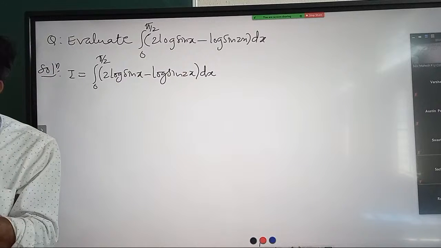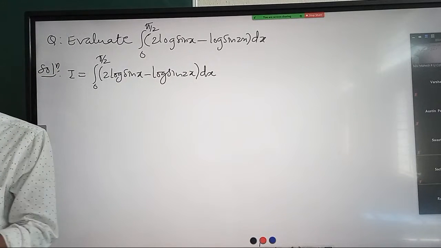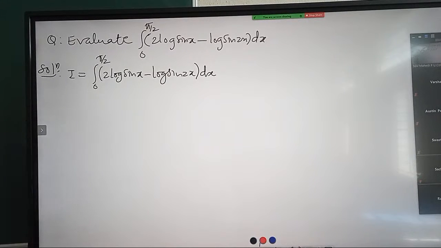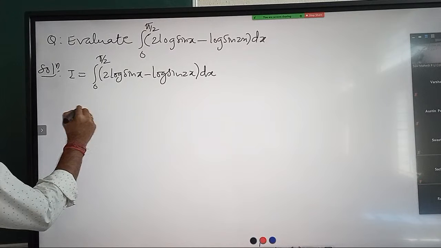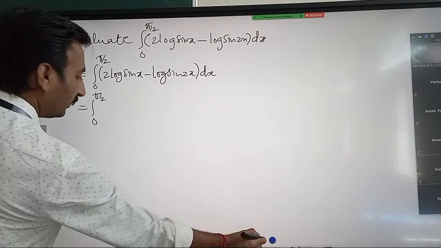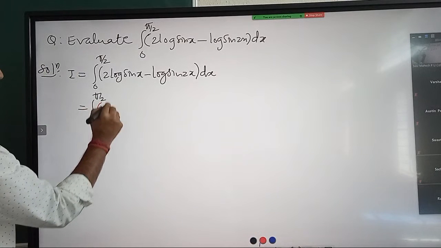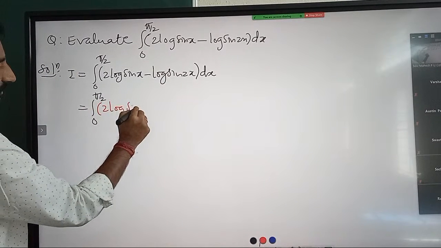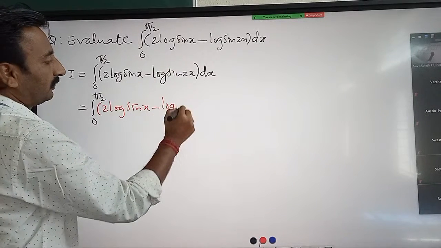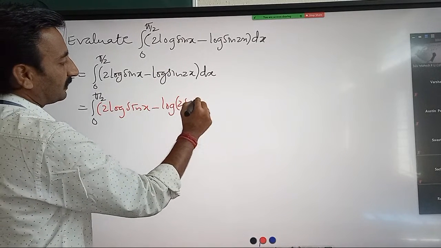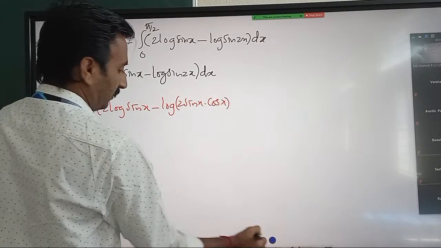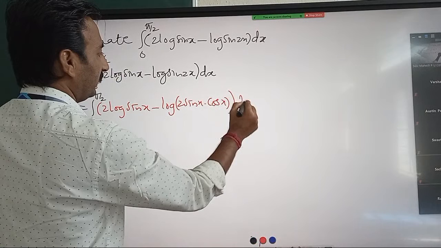So it is easy to make 2x as x because we know the formula of sin 2a. Sin 2a is 2 sin a into cos a. Yes, here what I do, I just do one thing, 0 to pi by 2. Then I can write it as 2 log sin x as it is, minus, with this formula inside the log, 2 times sin x into cos x. Shall we write like this? And then this is closed, dx. Correct?